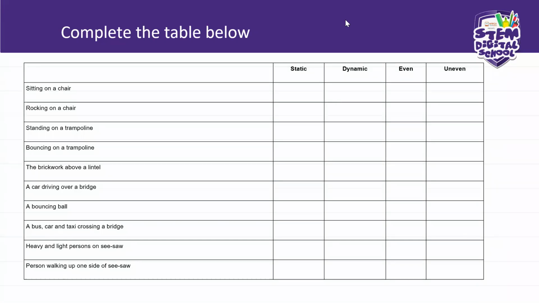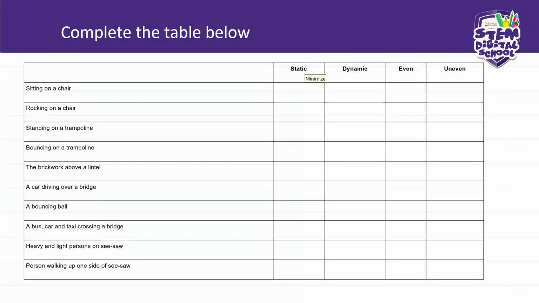Is it even or uneven? It is uneven because it's a bouncing ball, one bouncing ball. So it will bounce on that spot at a time.